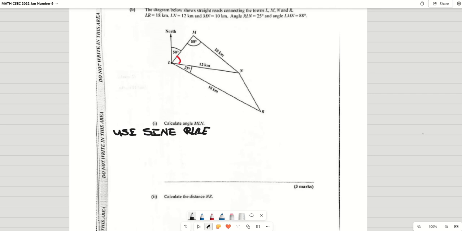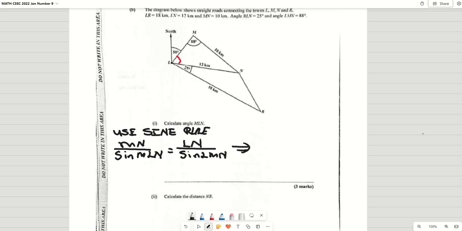MN over the corresponding angle. The corresponding angle to MN is the angle they told you, sine MLN, is equal to LN over the corresponding angle, the 88. Sine, instead of 88, we're just putting the letters LMN.